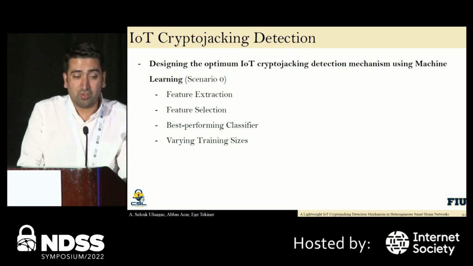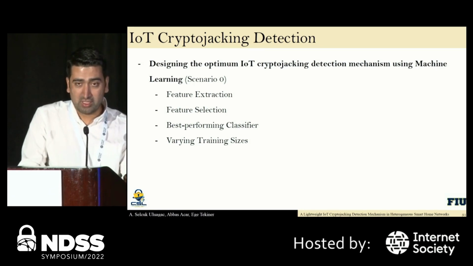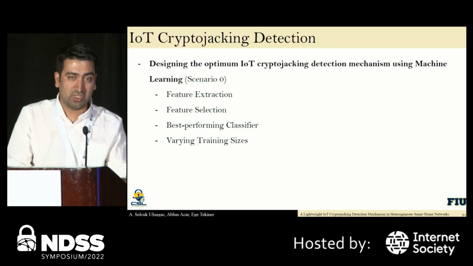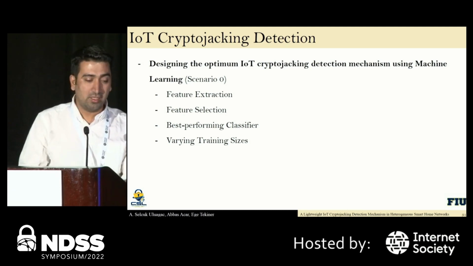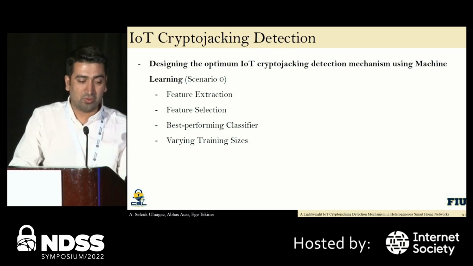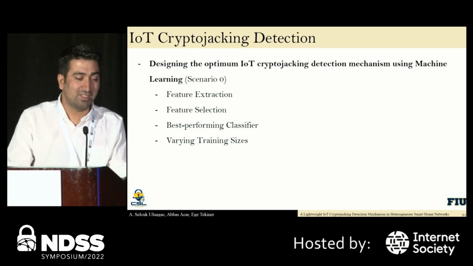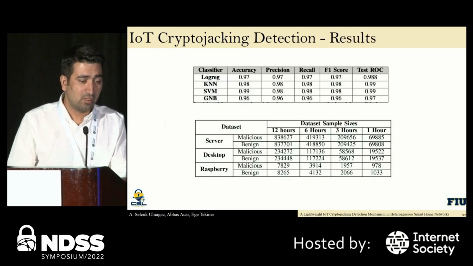Then in the first set of experiments, our goal is to design an optimum cryptojacking detection mechanism using machine learning. It consists of feature extraction, feature selection, and then in the last step, we wanted to decide the best performing classifier. And in the final step of this experiment set, we wanted to check the performance of our classifier for varying training sizes.